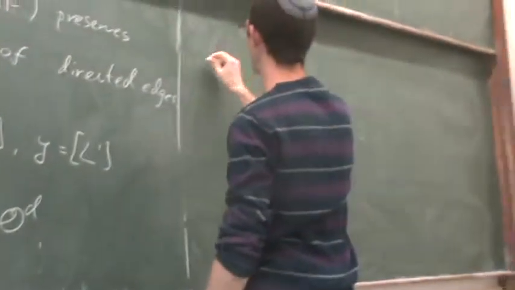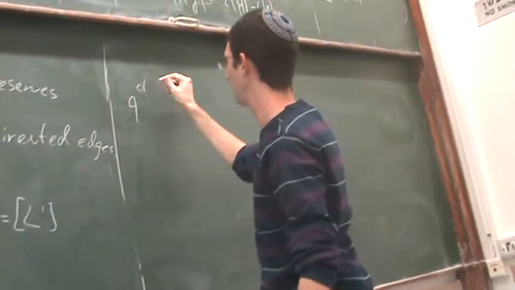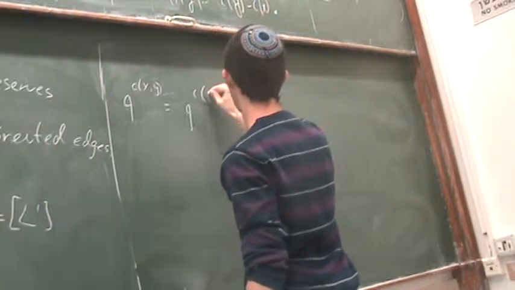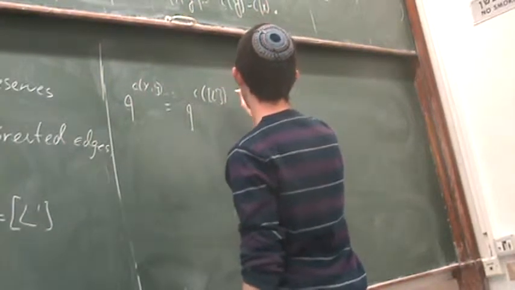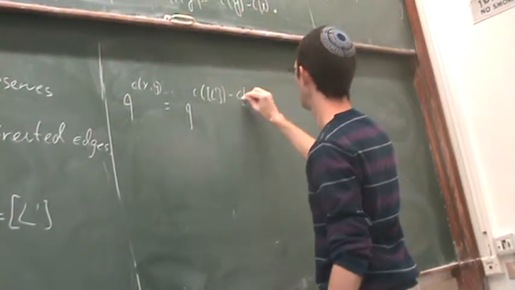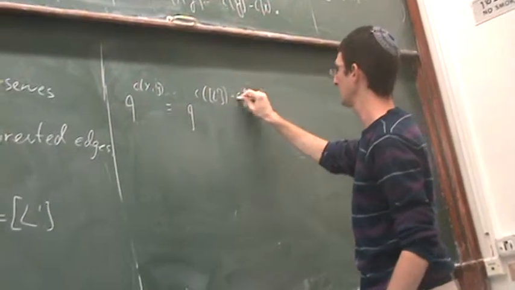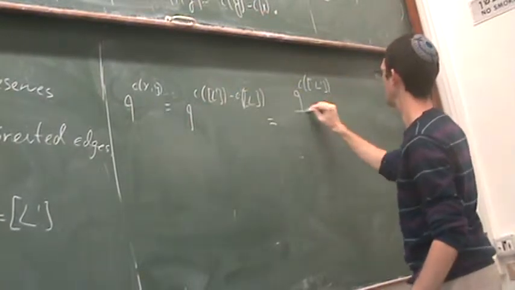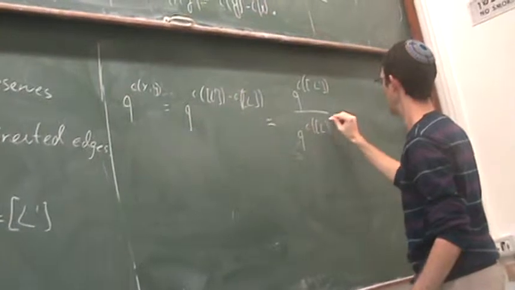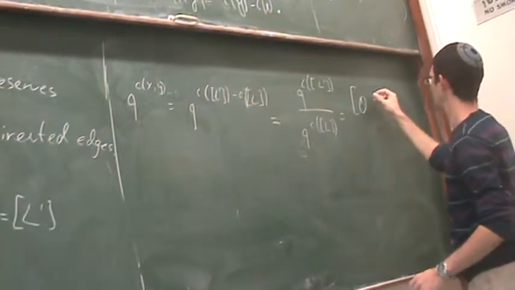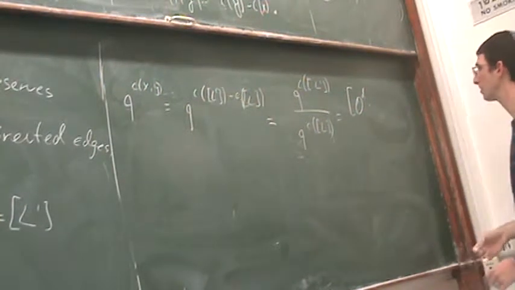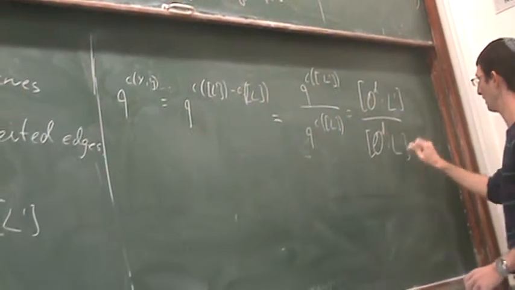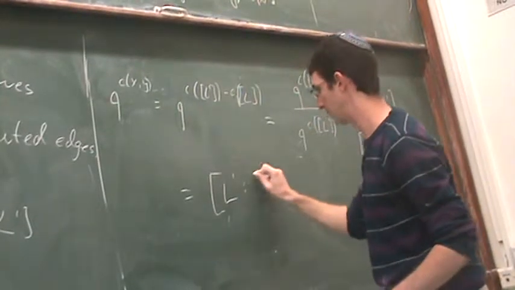So q to the color of xy is q to the color of L prime minus q to the color of L. But this is q to the color of L prime over q to the color of L, which is O to the d over L prime, O to the d over L, which is just L prime over L.